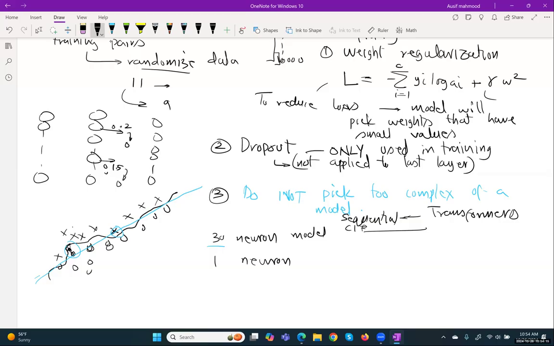where we take a look at an individual pixel. CIFAR-10 is a 32 by 32 pixel data set. It's a color image, but we take a look at a black and white set of pixels. So based on a sequence of individual pixels, 32 times 32 is 1024.